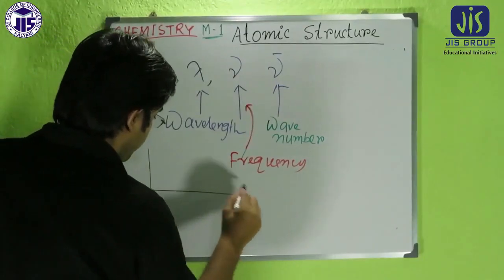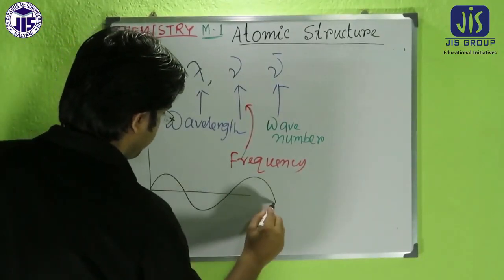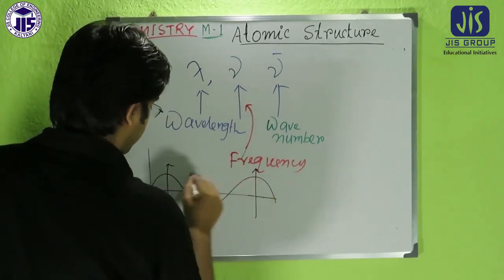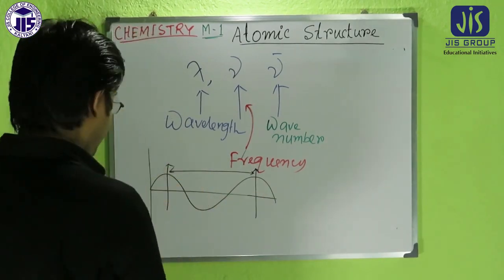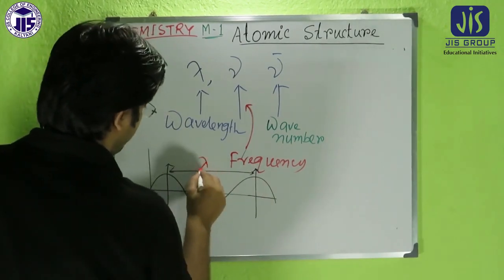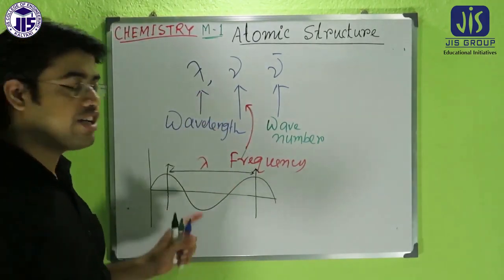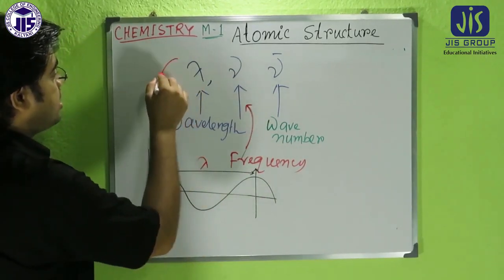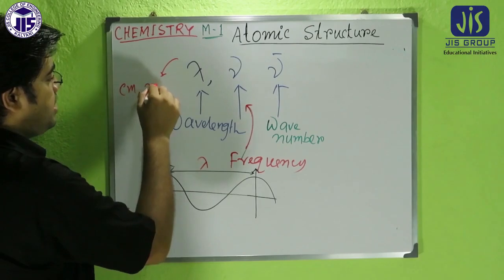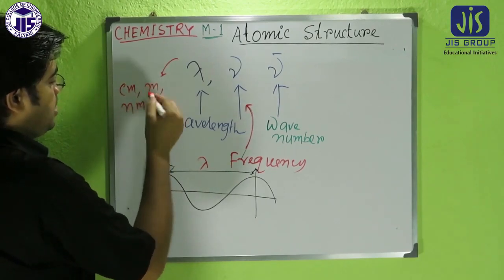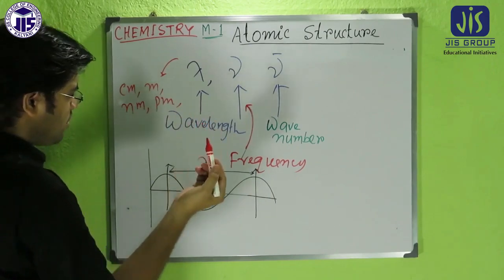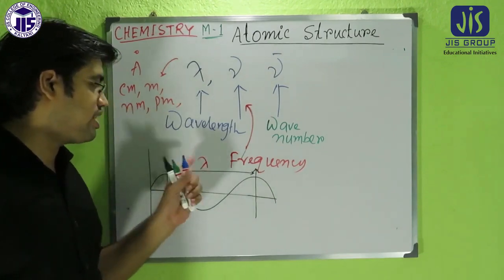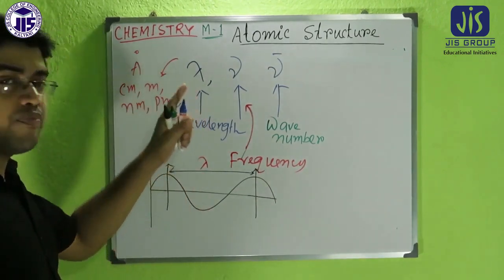Wavelength, if it is a wave, is the distance between two peaks, and that is called lambda. Its unit is obviously a unit of distance. For example, it may be centimeter, meter, nanometer, picometer, or angstrom. All of these are units of distance. So that is called lambda, or the wavelength.